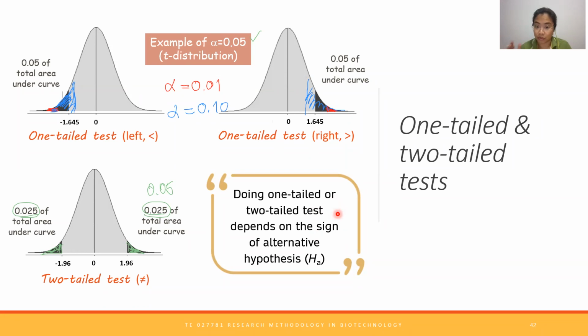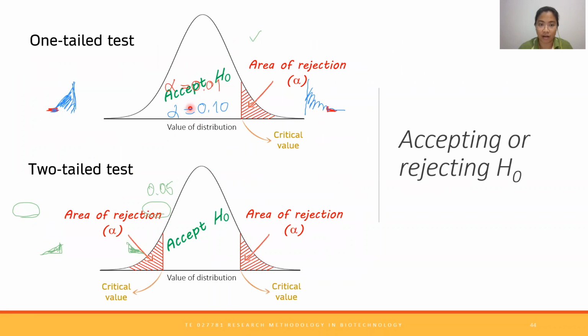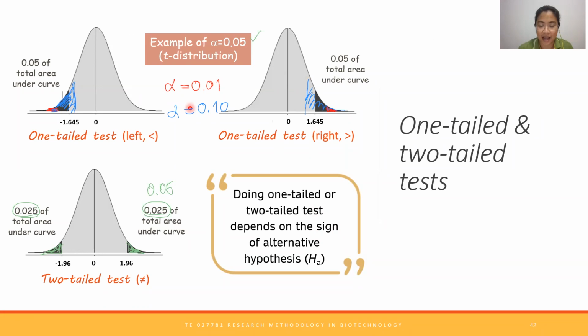That's what I want you to think about, because the point is that you see the area of accept H0 and reject H0. Just look at this first. So the alternative hypothesis we said. Now let's see some examples of cases where we decide whether we want to do a one-tailed test or a two-tailed test.